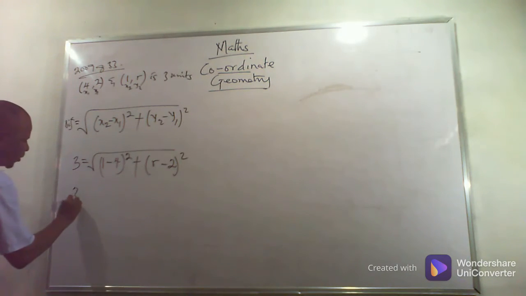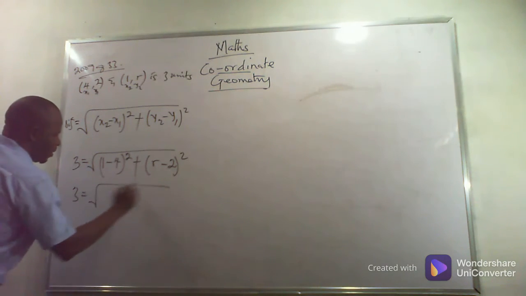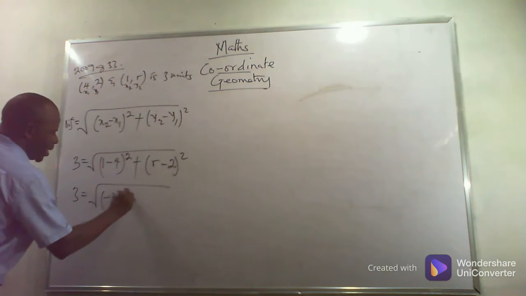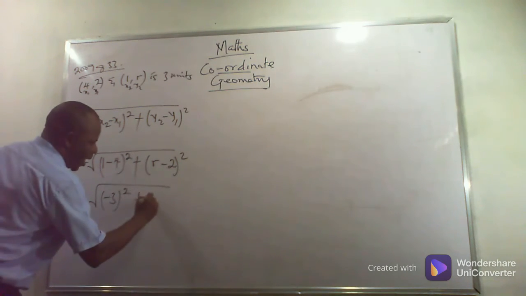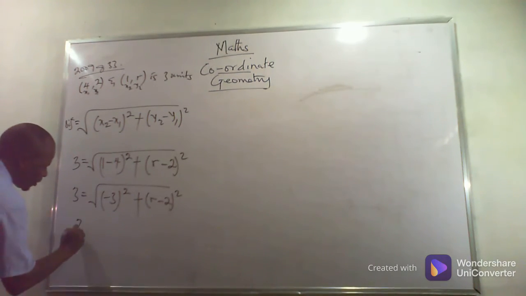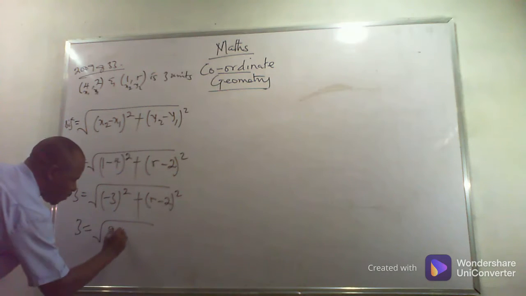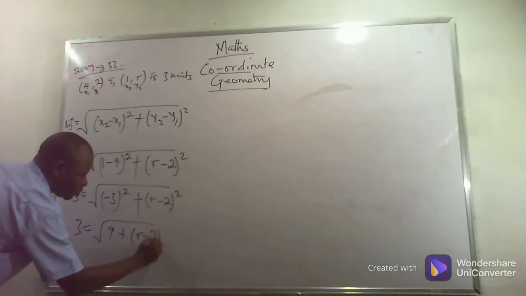This minus this gives me minus 3 squared plus r minus 2 squared. Now from here you have 3 equals square root of 9 plus r minus 2 squared.